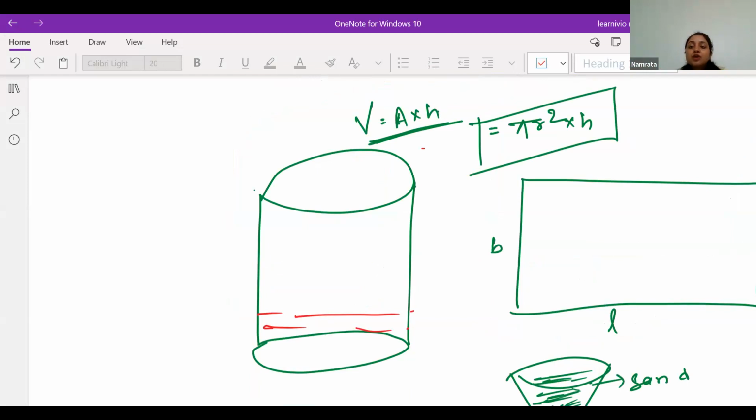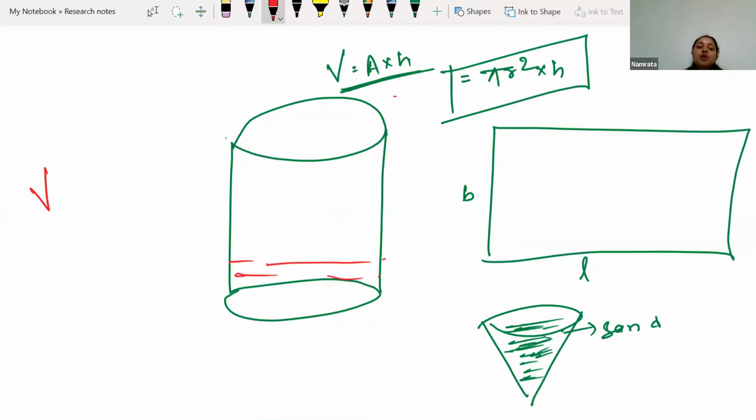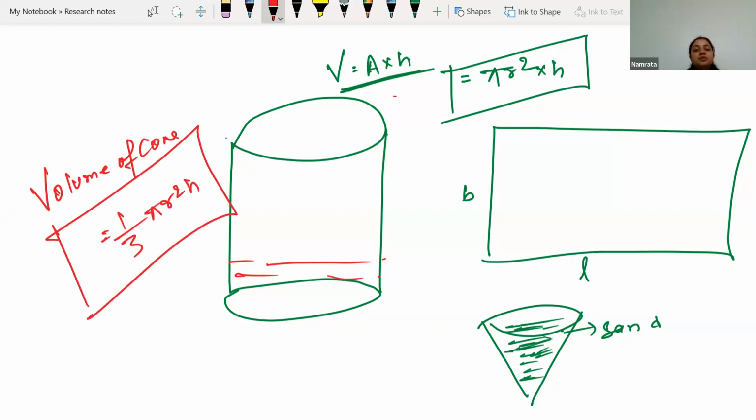That's why the volume of the cone is 1/3 of the volume of the cylinder. From here only the volume formula came out.